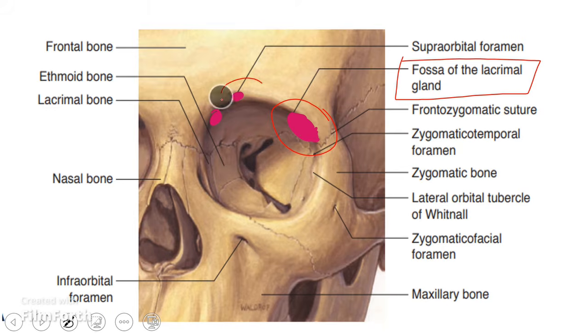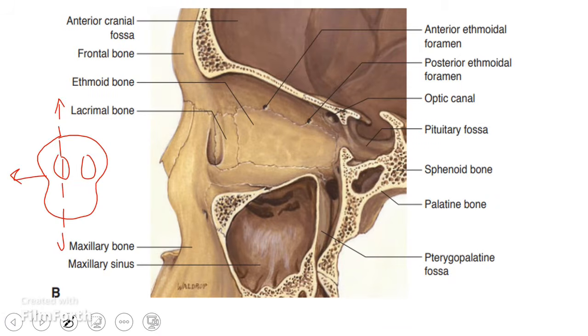Then we have this central landmark, the supraorbital foramen, also called the supraorbital notch. Then superior nasally, 5 millimeters behind the rim, this is the anterior border which is called the rim, you have another landmark called the trochlea, which will harbor the trochlea.